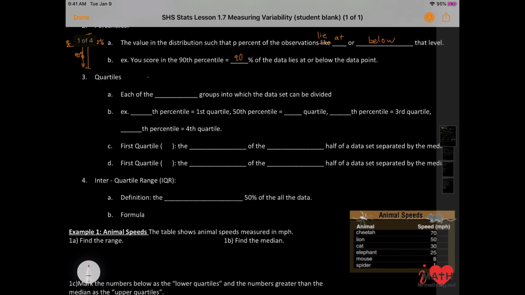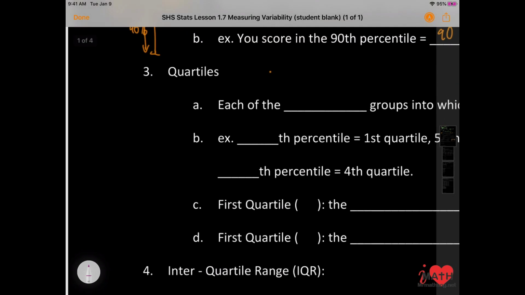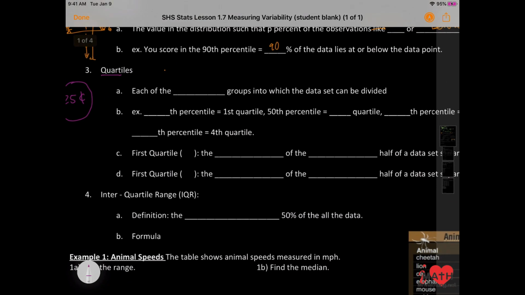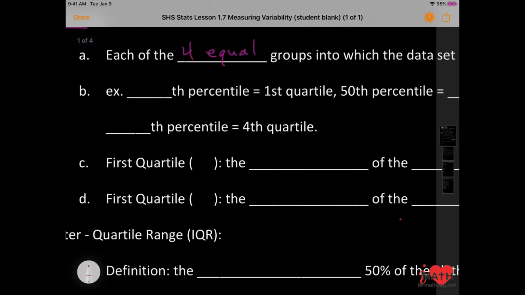What are quartiles? I want you to think of quarters: each of the 4 equal groups into which the data set can be divided. If you are in the 25th percentile, think about it, 25 cents represents 1/4.